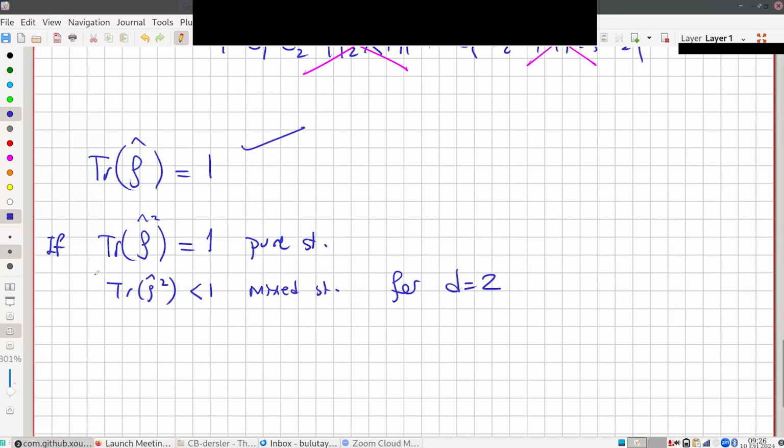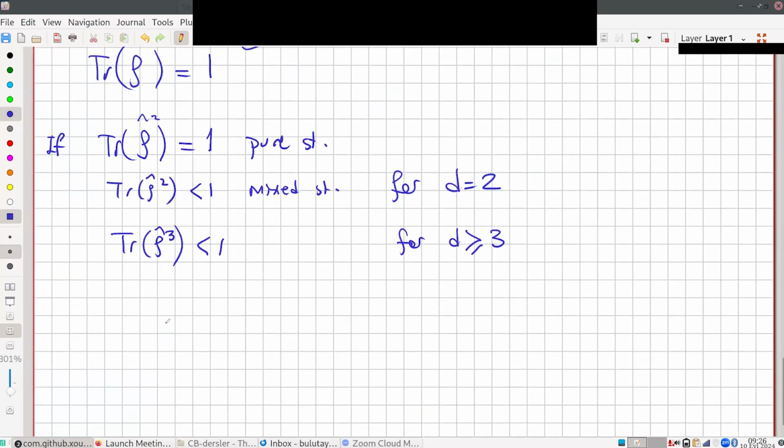For dimensionality larger than 2, you also have to check the trace of rho cubed. Is it 1 or not? So it's very easy to test. Take your rho and take its square, and for a qubit, or whatever, rho cubed is sufficient. You can check whether it's a pure state or a mixed state.